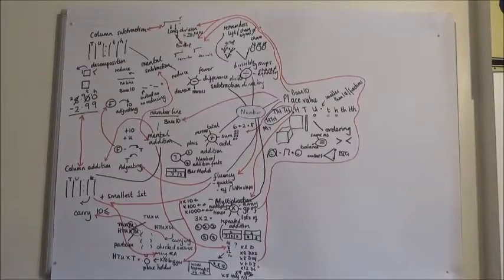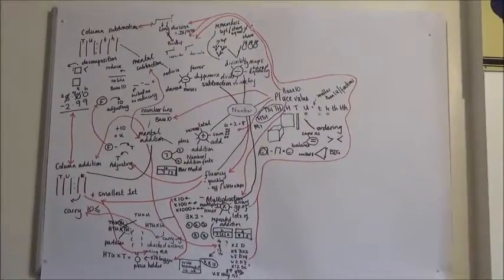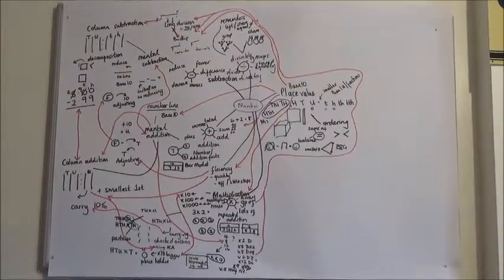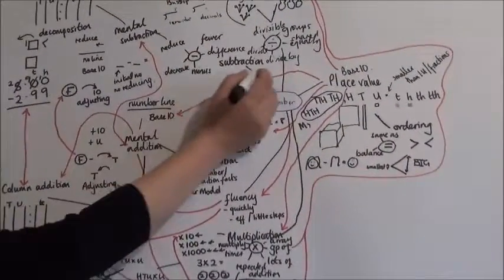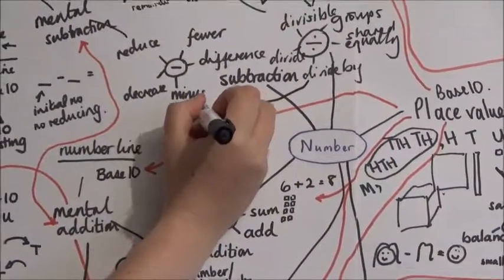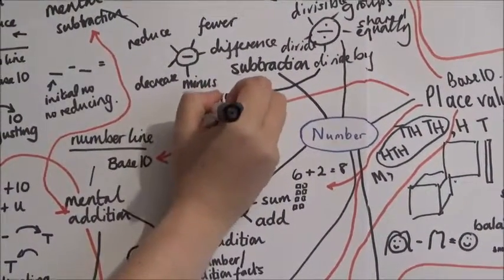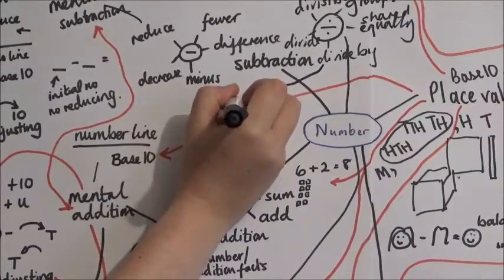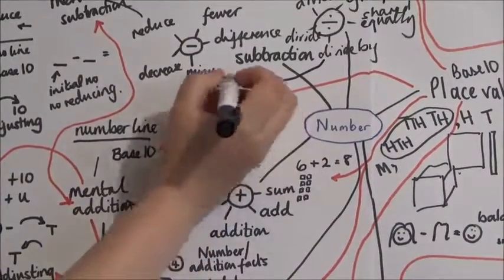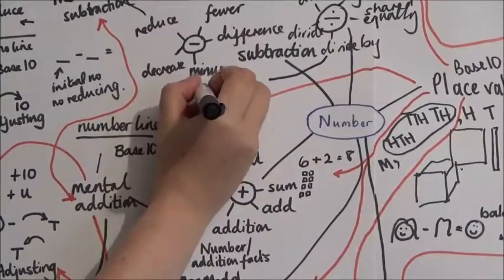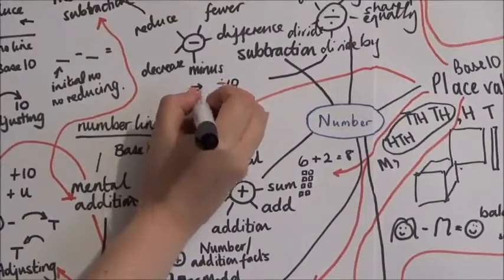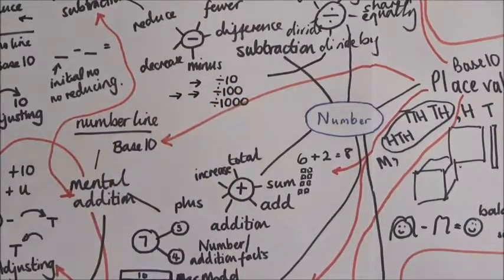Okay, so let's put our new dividing 10, 100 and 1000 learning onto our number mind map. We were looking at division, so we're going to come here, and we were looking at dividing 10, dividing 100 and dividing 1000. And when we divided by 10, we moved it 1 place down the place value position. When we were dividing by 100, we moved it twice.